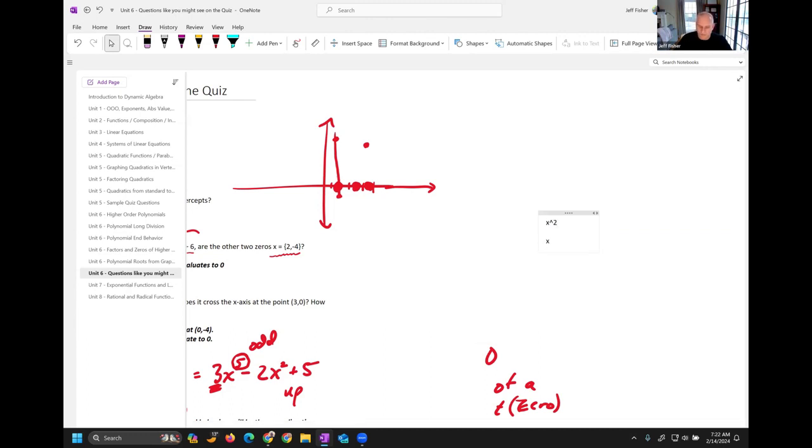Or I'd write x cubed, x to the third power, like that. But if you prefer, you can write it by hand, take a picture of it with your phone, and upload that too. Either way, it doesn't matter to me. I'll look at it either way.